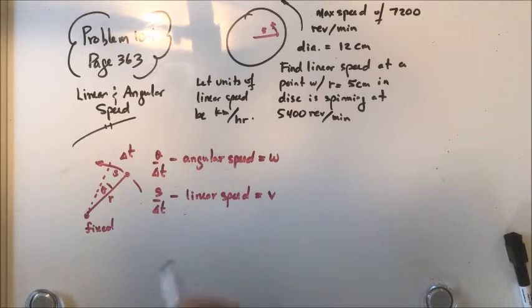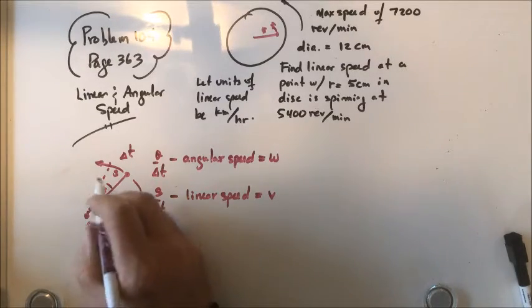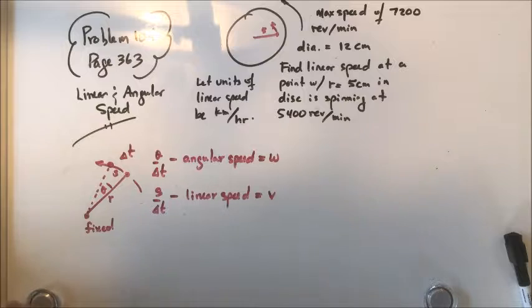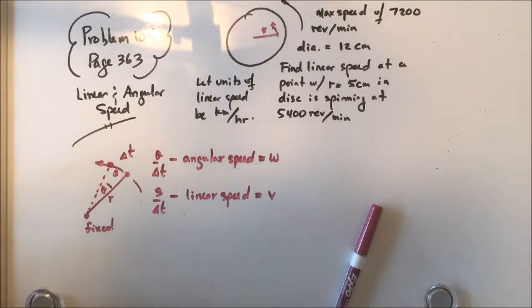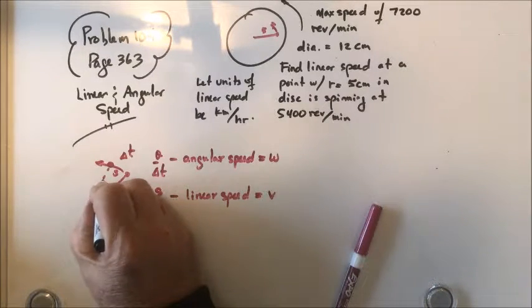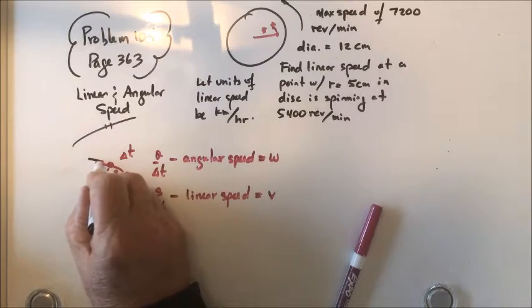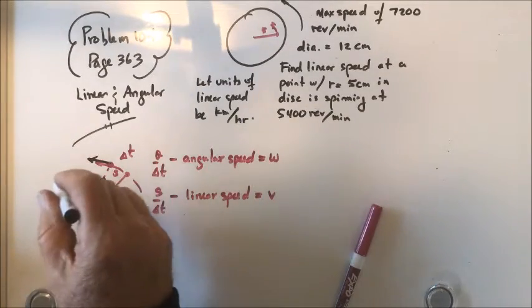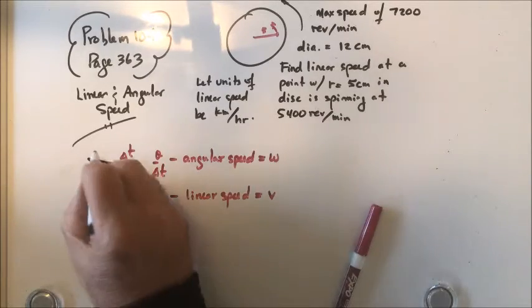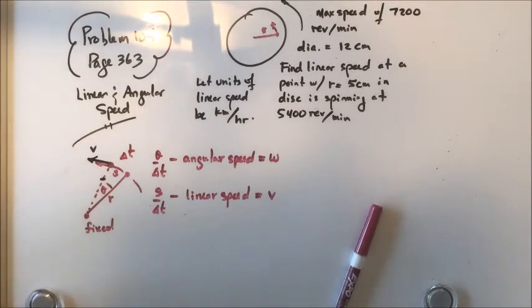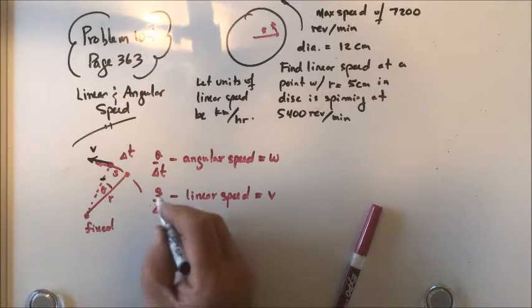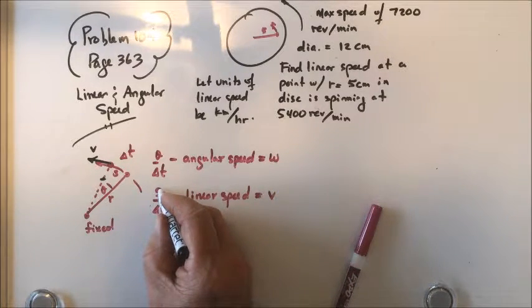Think of the linear speed as what would happen if at any instant in time, the rope snaps: this ball will shoot off in a line tangent to this circle, at a speed v.